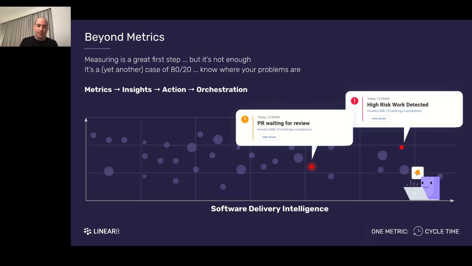You want to focus on the problematic ones, and by improving those even just a little, your overall average and your overall performance really jumps. So it's about understanding the metric, but also finding the specific problematic or outlier areas and focusing on those.